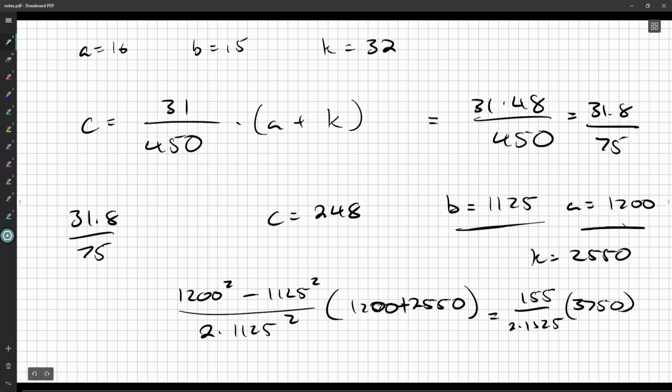Well, let's see if this b and this a actually satisfy the expression. So that should be 31 times 31 plus 30. A is 16.